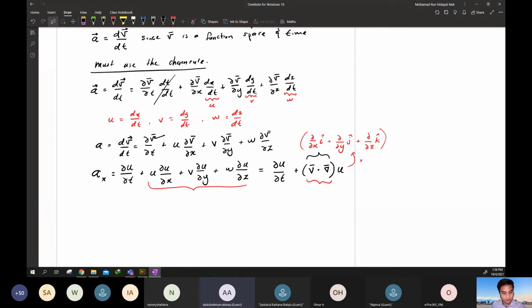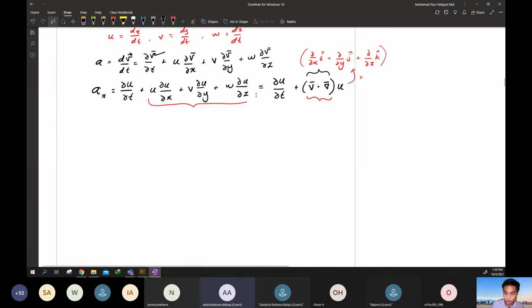Okay. So this is what we express in terms of x. Of course, we need to express in terms of y and z. Let me make it quick. This is in terms of y, which is in terms of v.